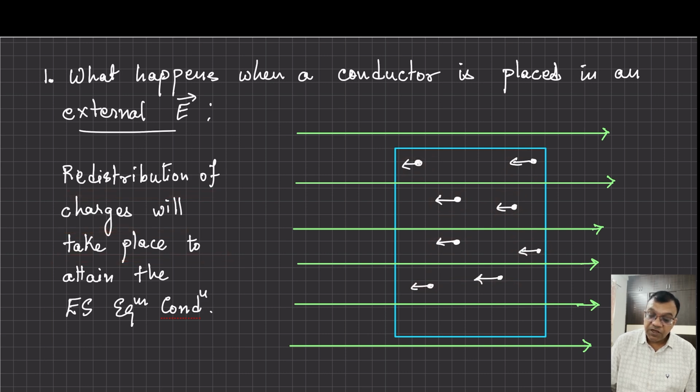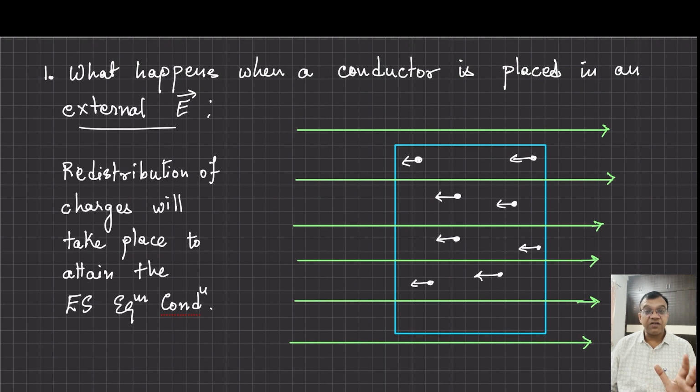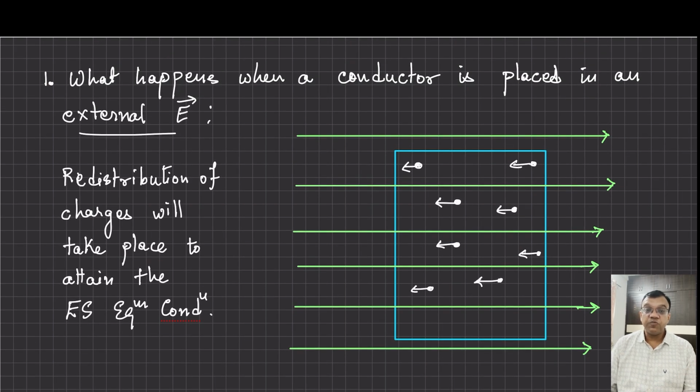As a result, negative charge comes here, positive charge appears here, and electrostatic equilibrium condition has been attained. So when a conductor is placed in an external electric field, redistribution of charges will take place to attain the electrostatic equilibrium condition.